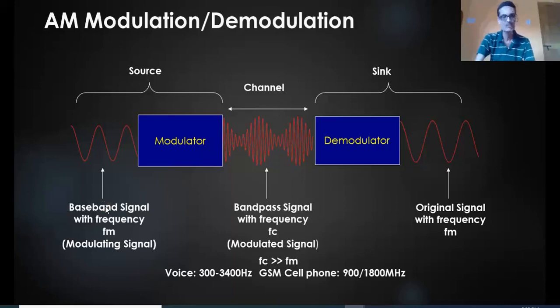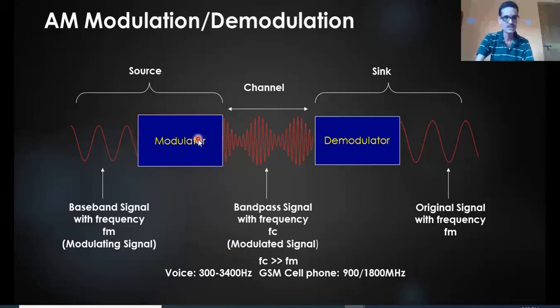For example, the audio band extends between 20 Hertz and 20 kilohertz, and the voice band is between 300 and 3000 Hertz, practically taken as 3400 Hertz. So most of the signals are low pass: a baseband, original, message, or modulating signal.